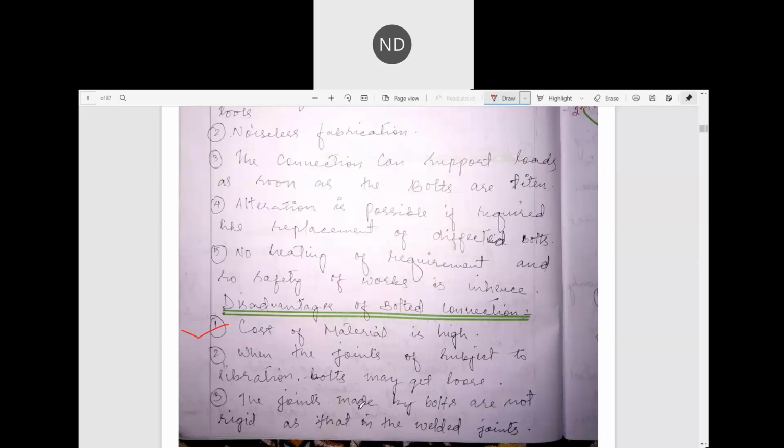I think something has been written wrong here, but what does this mean? I guess when you join two plates and you don't tighten the bolts properly, the joints are loose.